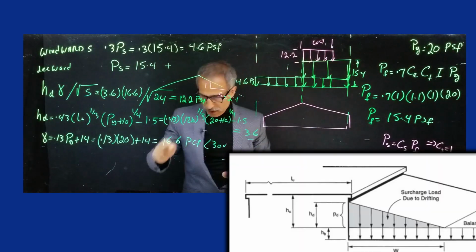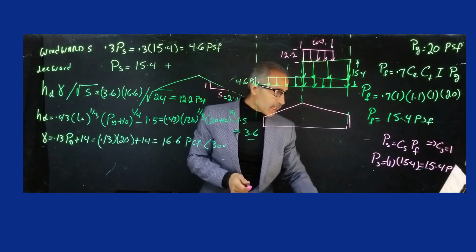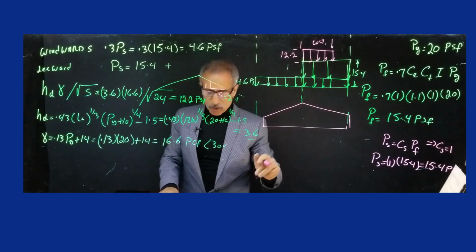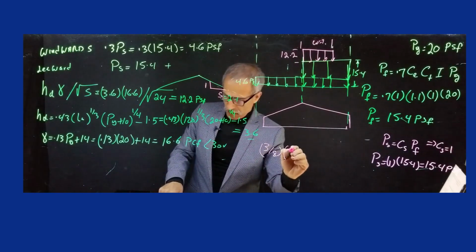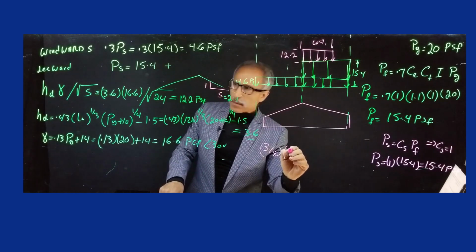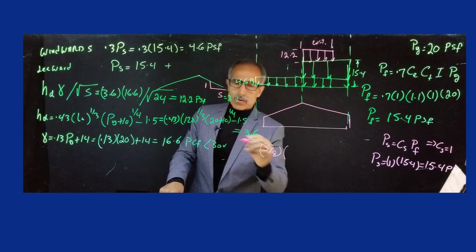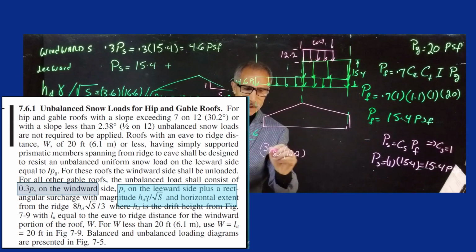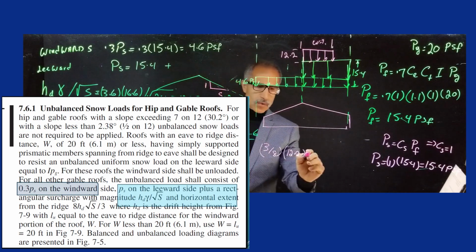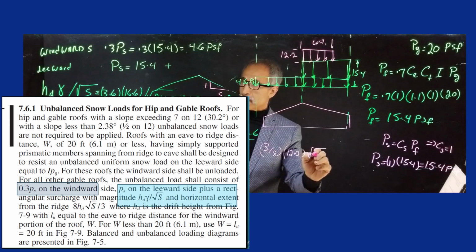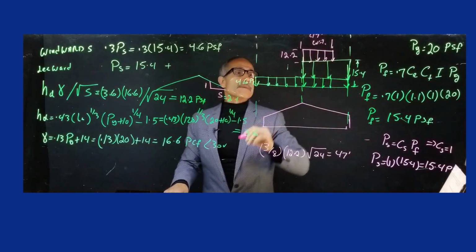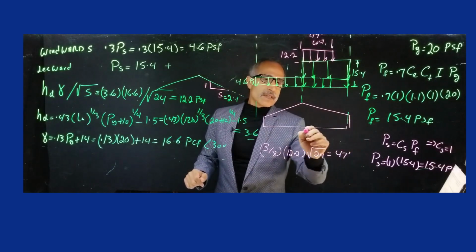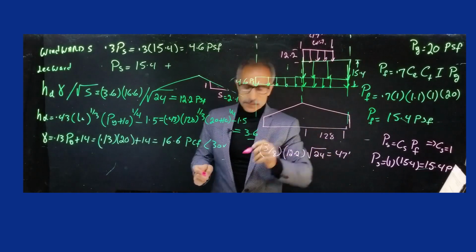But let's find out W. If you look at the equation on the board, W comes out to 3.8 multiplied by hd, which hd came out to 12.2, and multiply by the square root of 24, and that should come out to 47 feet. So this is 47 feet. And we know this whole distance right here is 128.